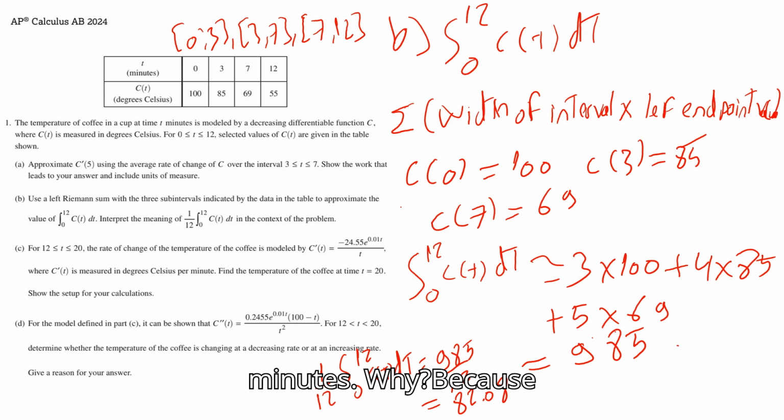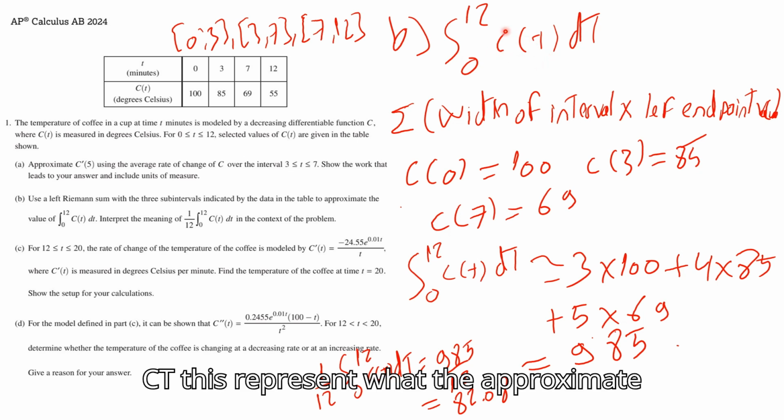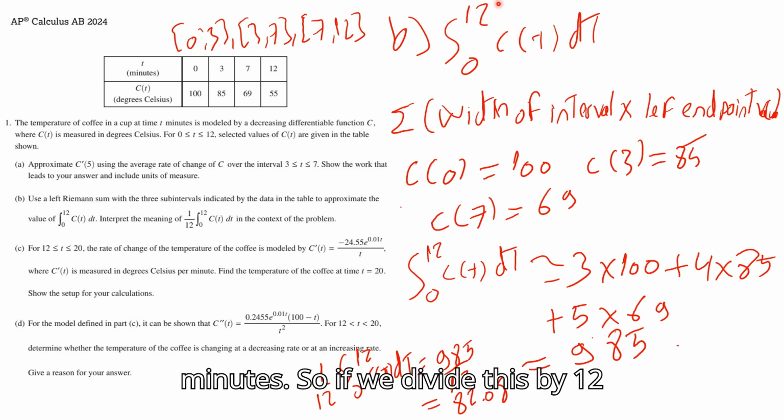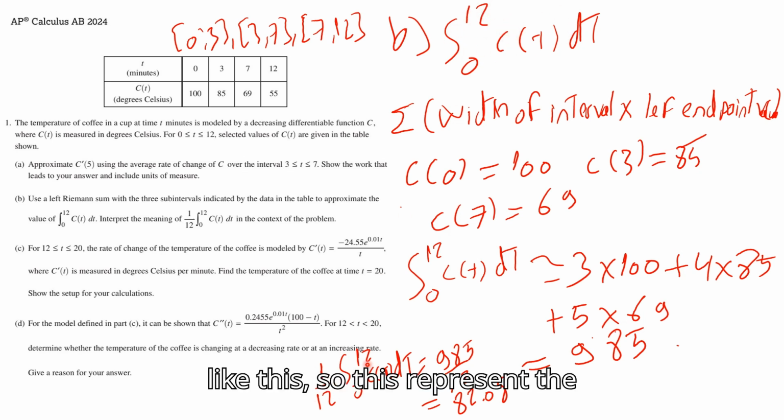Why? Because the integral from 0 to 12 of C(t) represents the approximate total temperature accumulation over 12 minutes, so dividing by 12 gives the average temperature.